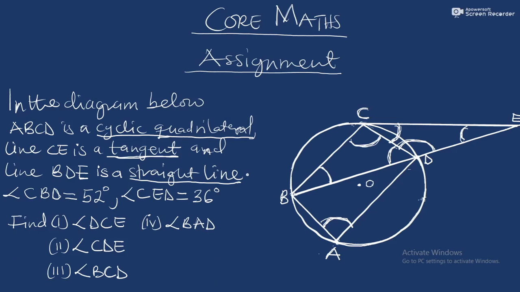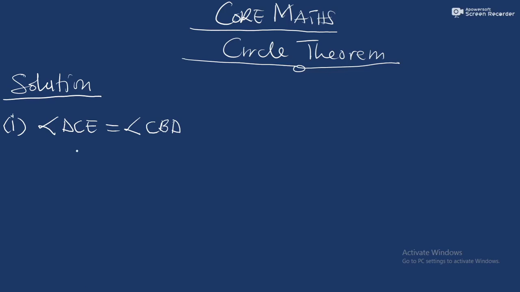So angle DCE, which is this one, we are saying is equal to angle CBD. Okay, all right. So we're given angle CBD to be 52 degrees. So therefore, angle DCE is equal to 52 degrees. So that is the answer for the I.